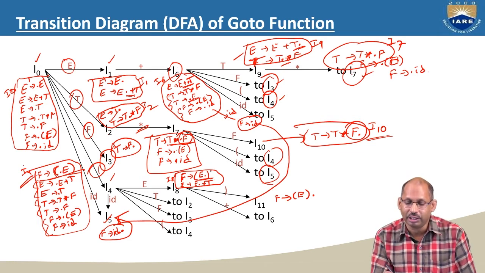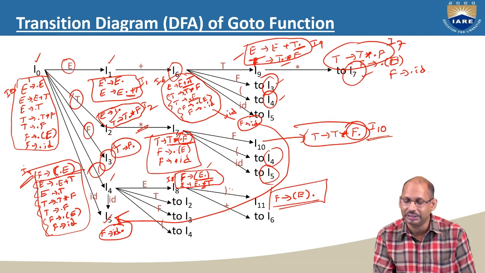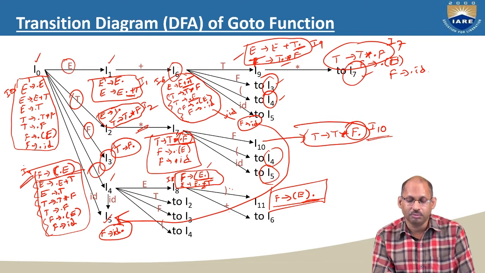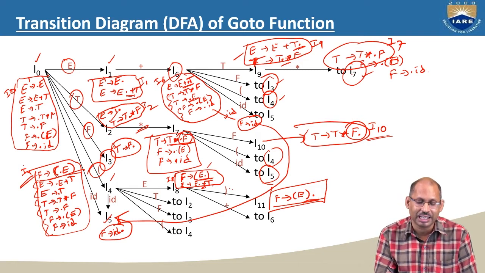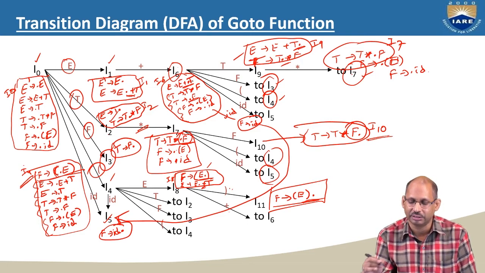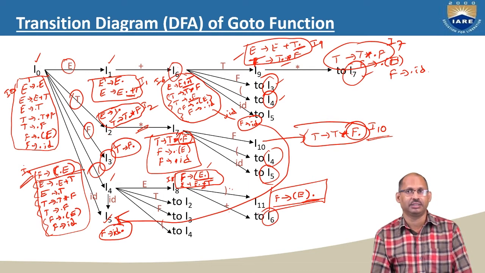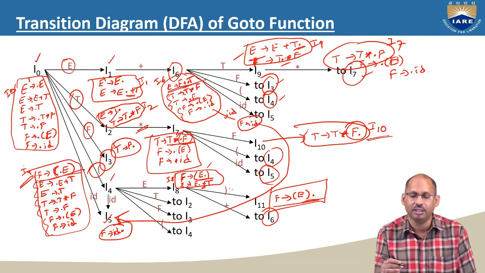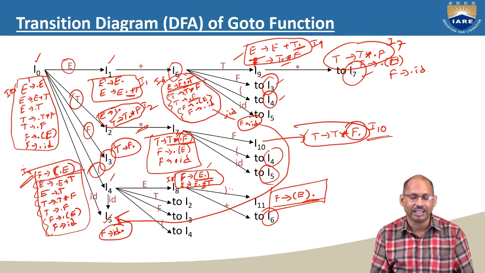Now, what are the terminals we have here? The right parenthesis and the plus. On the right parenthesis we go to I11. I8 on plus gives the same set, which is I6, so we are writing I6.